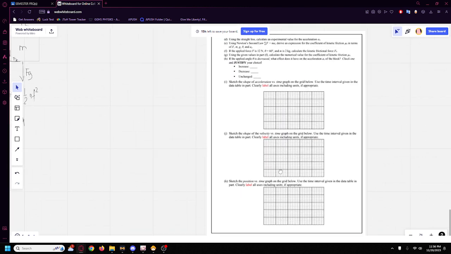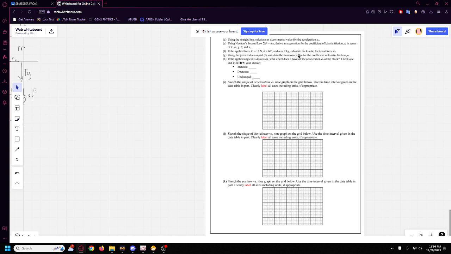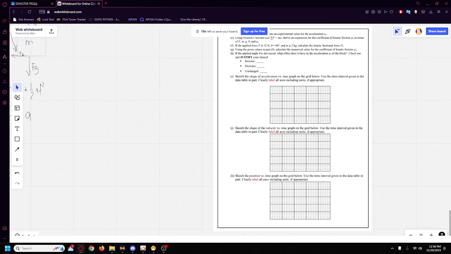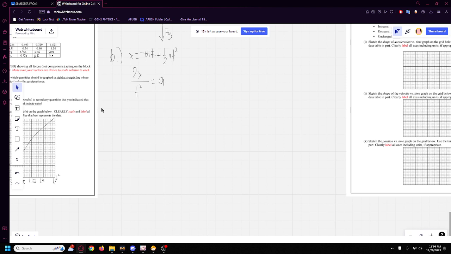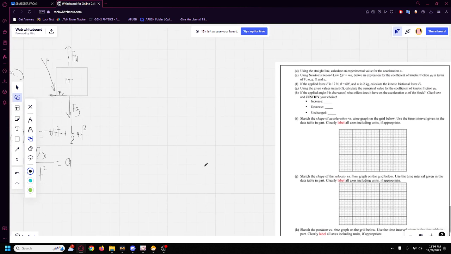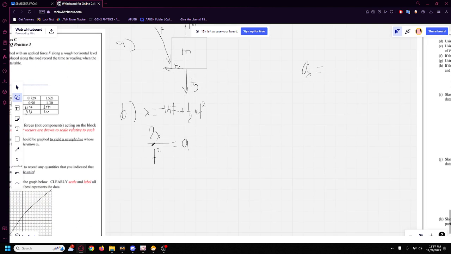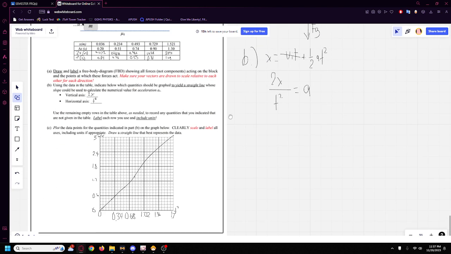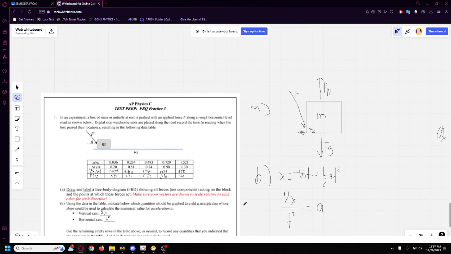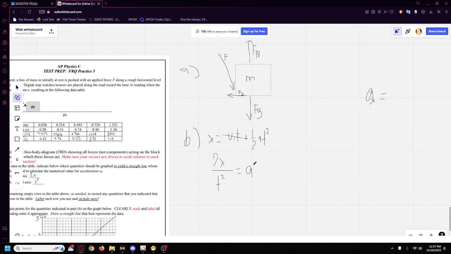Okay, part D asks to calculate an experimental value for that. So A of x is equal to about 0.072 over 0.04, and that's from the graph.